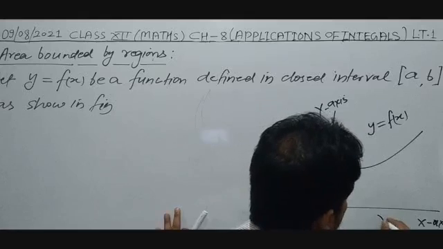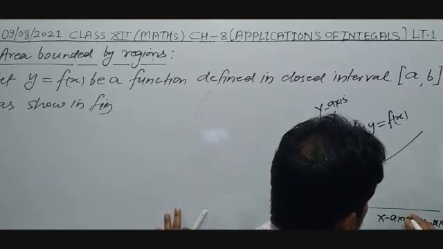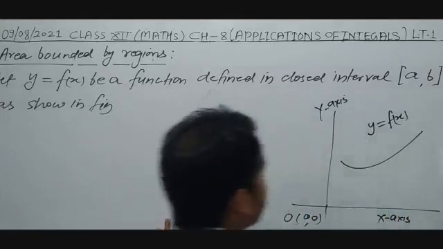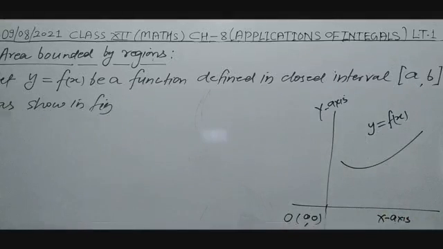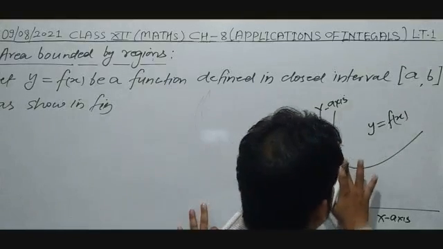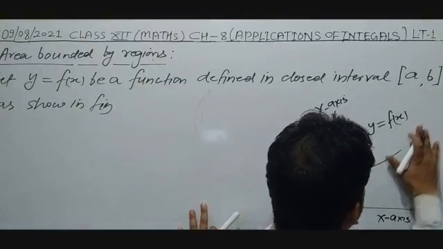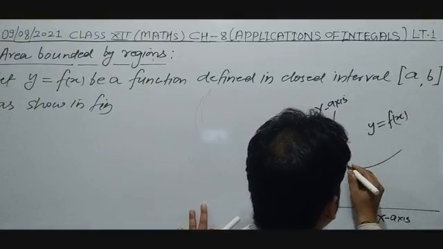This is the x axis. Now this curve is represented in the xy plane and this curve is defined between A to B. Suppose this is the point.